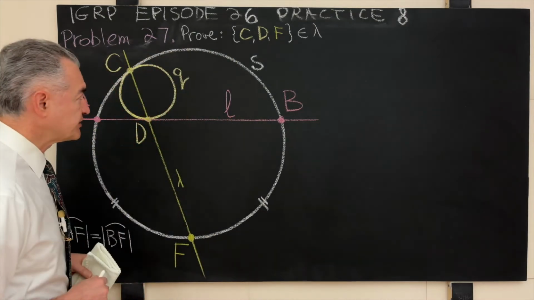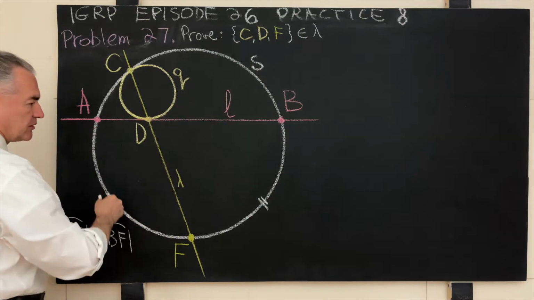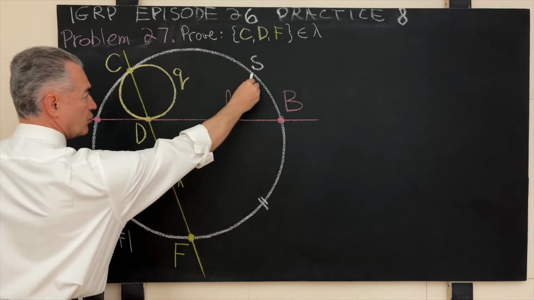In problem number 27, we are given a bounding generating circle named lowercase s and shown in white.